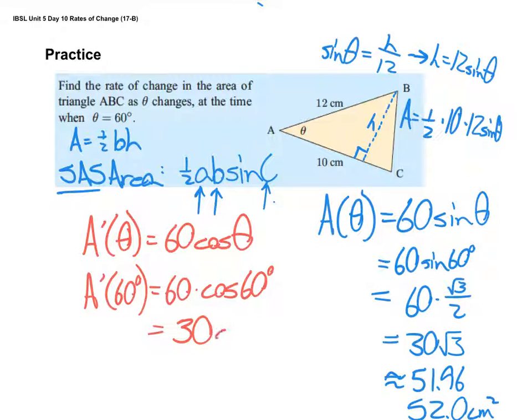So it's 30 centimeters per unit of time, if we do seconds, hours, whatever. That's how fast it's growing at that moment. Actually, it wouldn't be centimeters per second, it would be centimeters per degree.